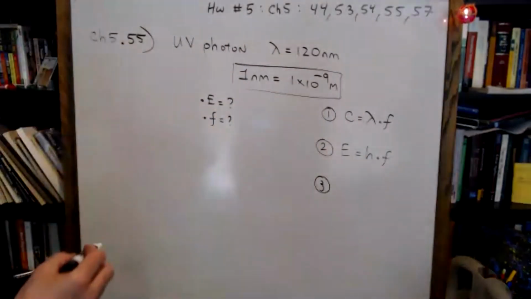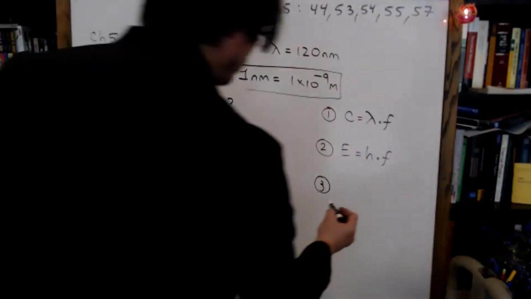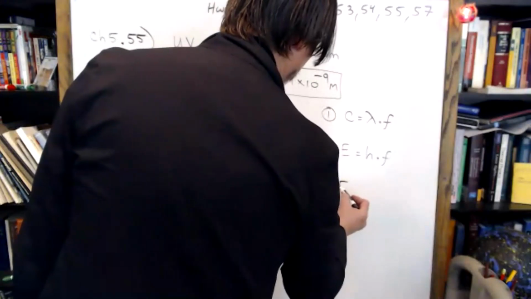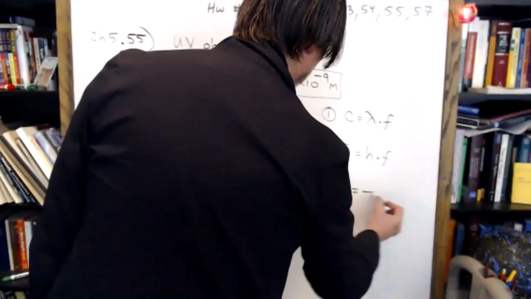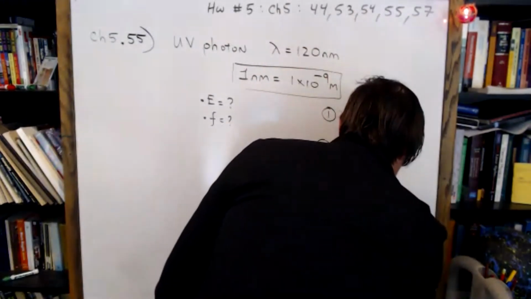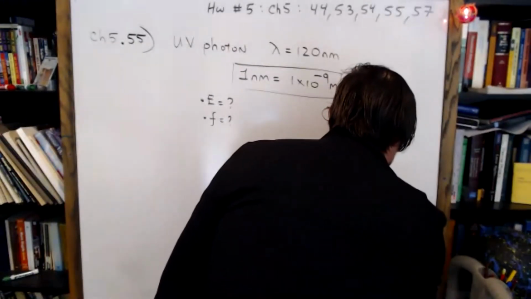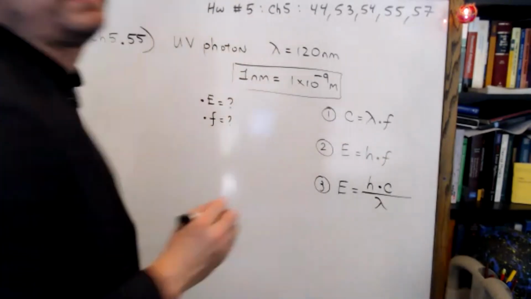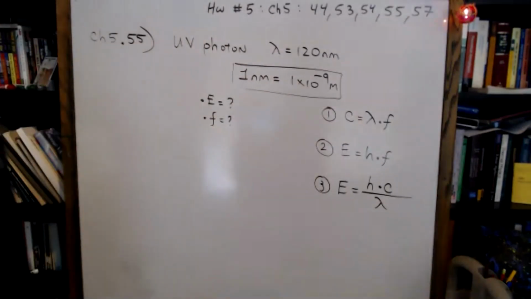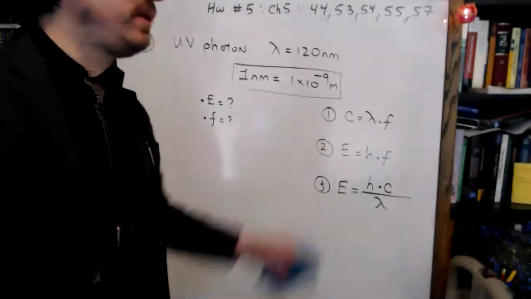If you combine Formula 1 and Formula 2, there's a formula that relates energy to wavelength. The energy of a photon is Planck's constant times the speed of light divided by the wavelength. These three formulas are our go-to formulas. We know C and we know H.